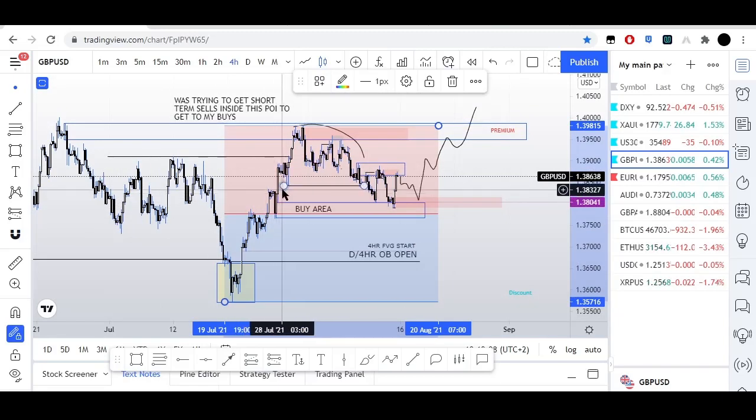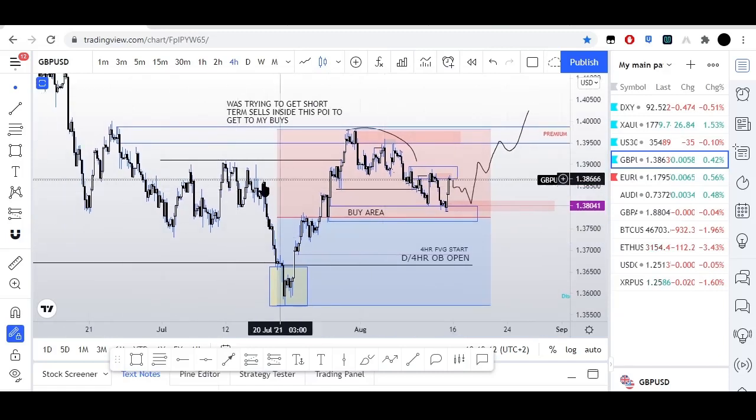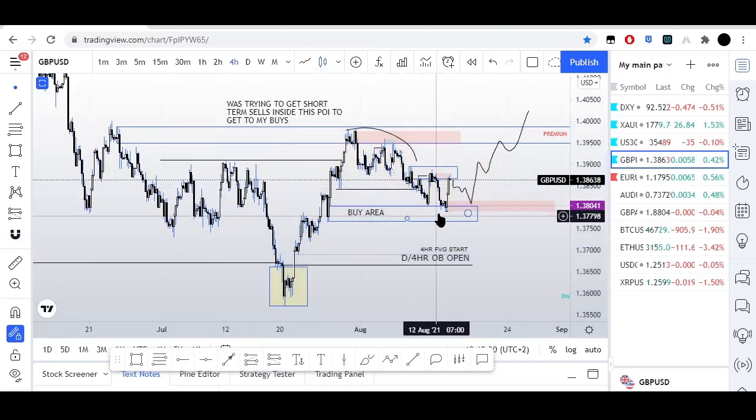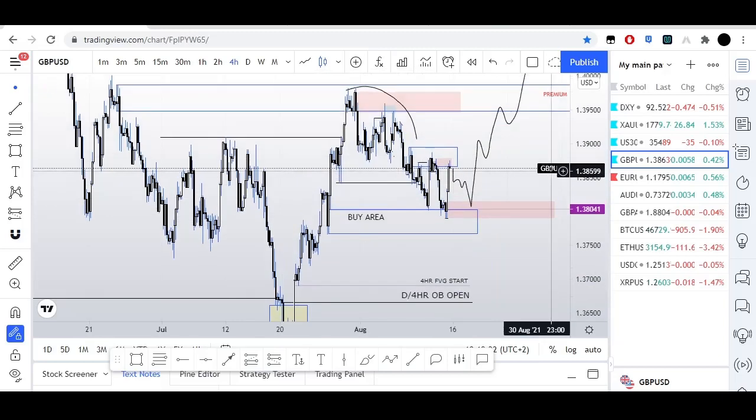The algo likes to use liquidity to pair with their sells or their buys, so that's what I'm trying to do too. Once we took out this low, this is what I was looking for right here to buy in this area.